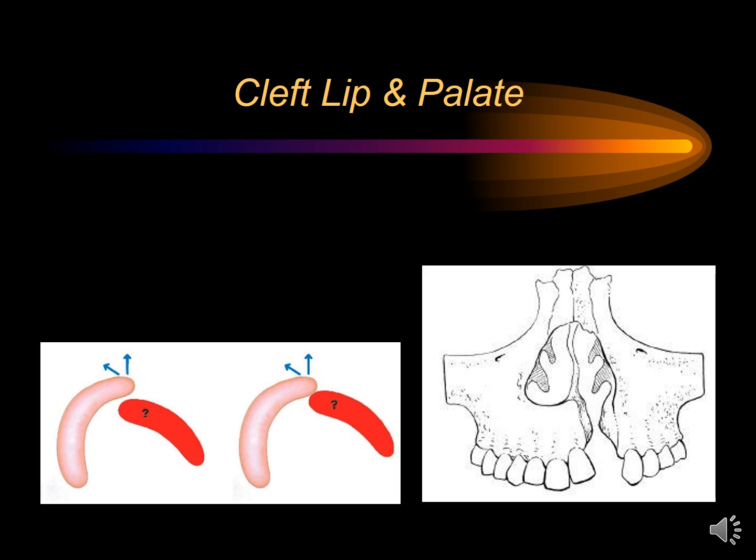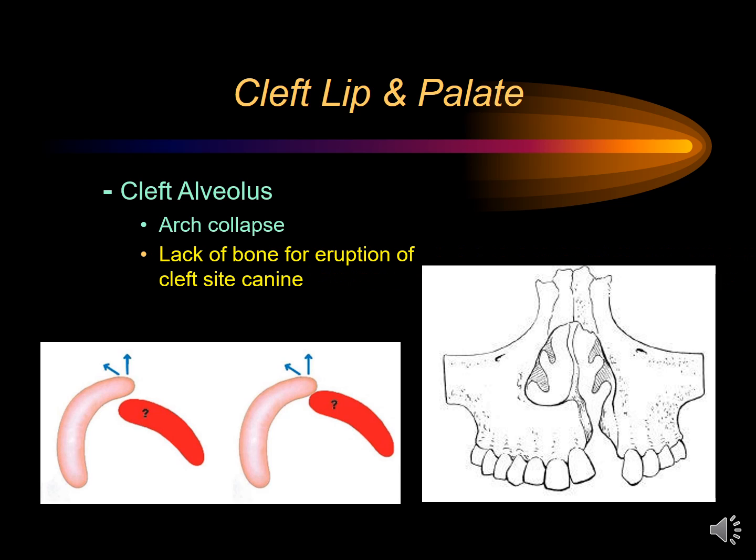In this case, this is a unilateral cleft, and there's deficiency of bone, and no continuity of the alveolus, and this results in an arch collapse, and also there is lack of bone for the eruption of the permanent canine on the cleft side.